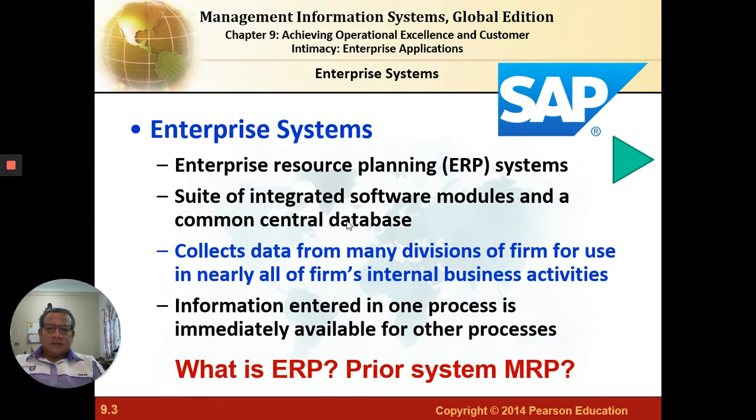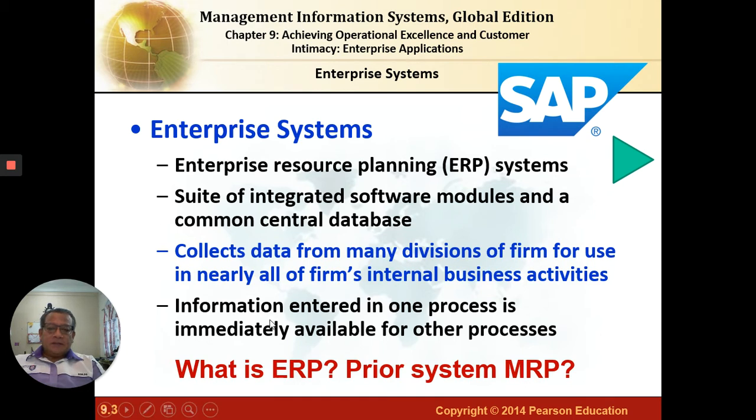So this big system normally has a centralized database which collects data from the key departments so that it can be consolidated and referred to by many departments at the same time.